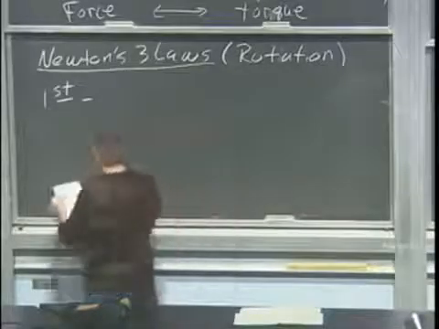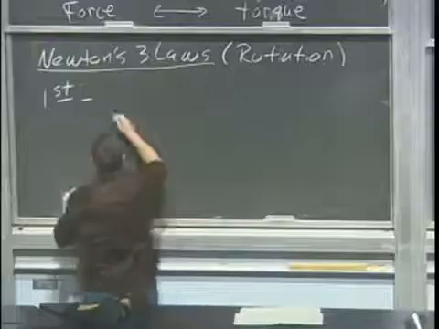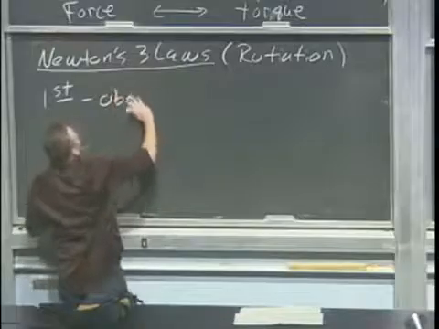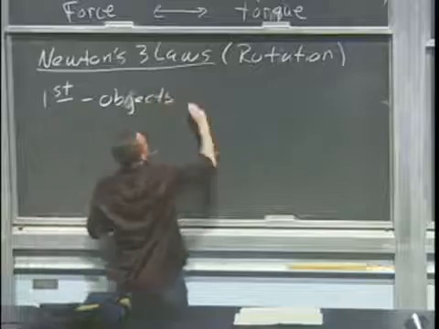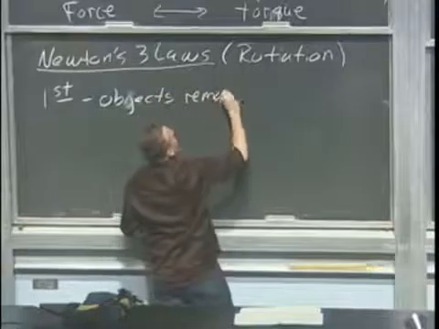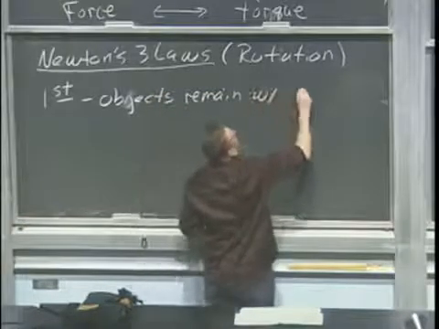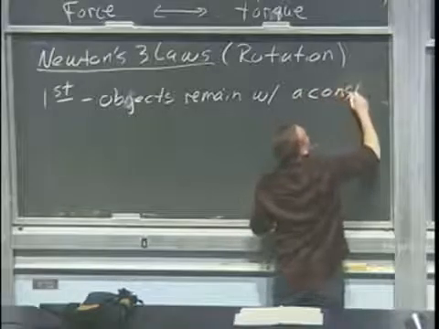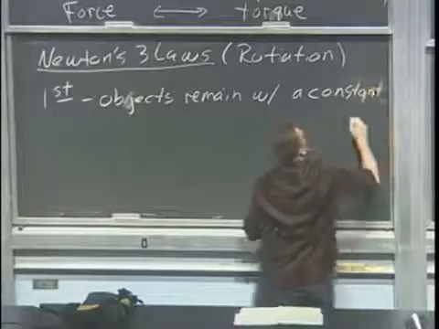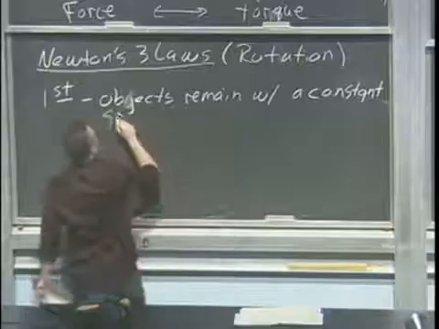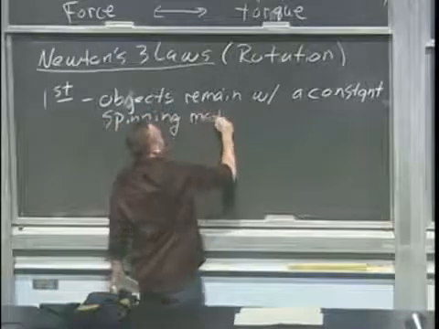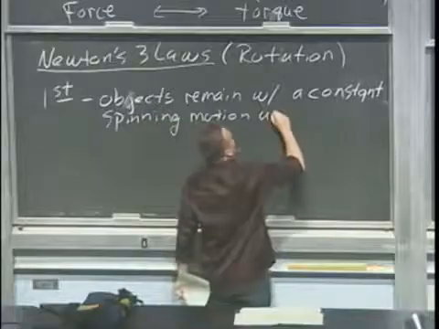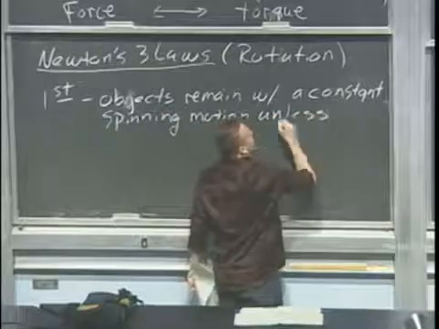We can also say that objects remain with a constant spinning motion unless acted on by an unbalanced torque.